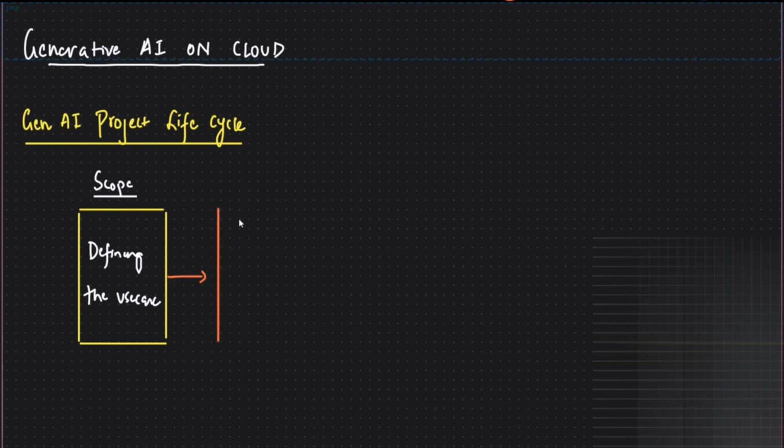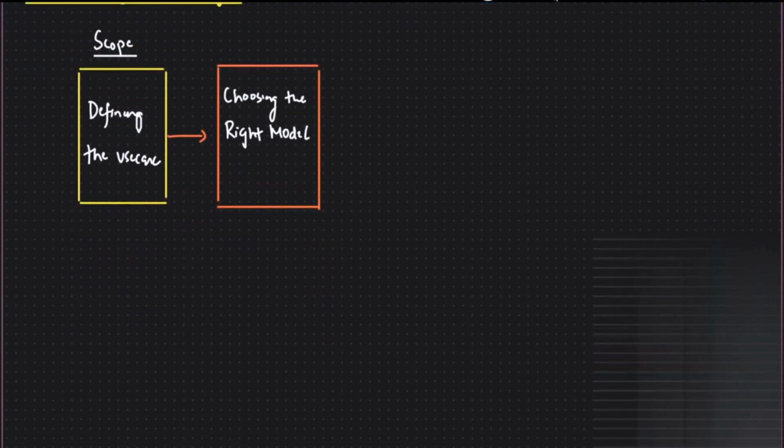Coming to the next step, which is super important, because this step involves two important things. That is choosing the right model. When I say choosing the right model, there are two different things that you can split this into.